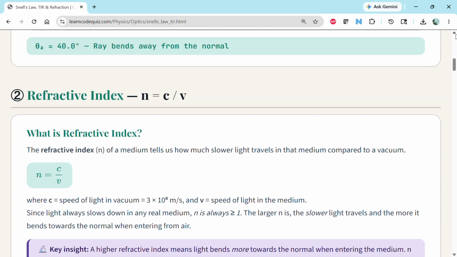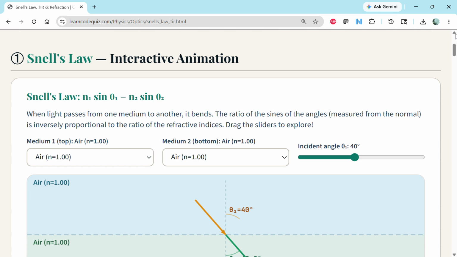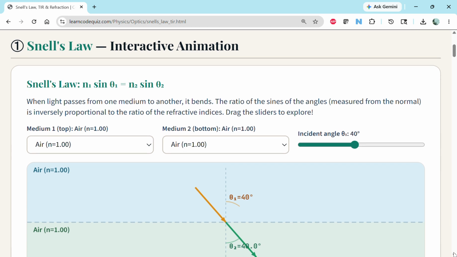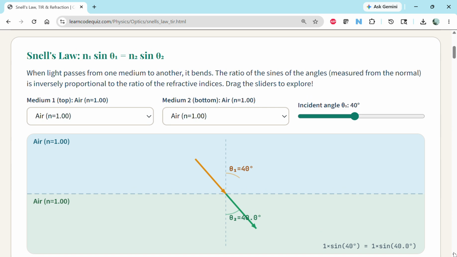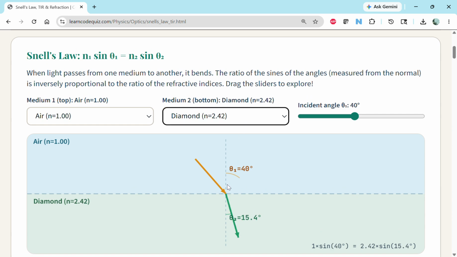The question is, why does light bend? The analogy is something similar to you trying to walk through a ground and then you come across muddy waters. Let's say one foot is on the ground and another one is in the muddy waters.